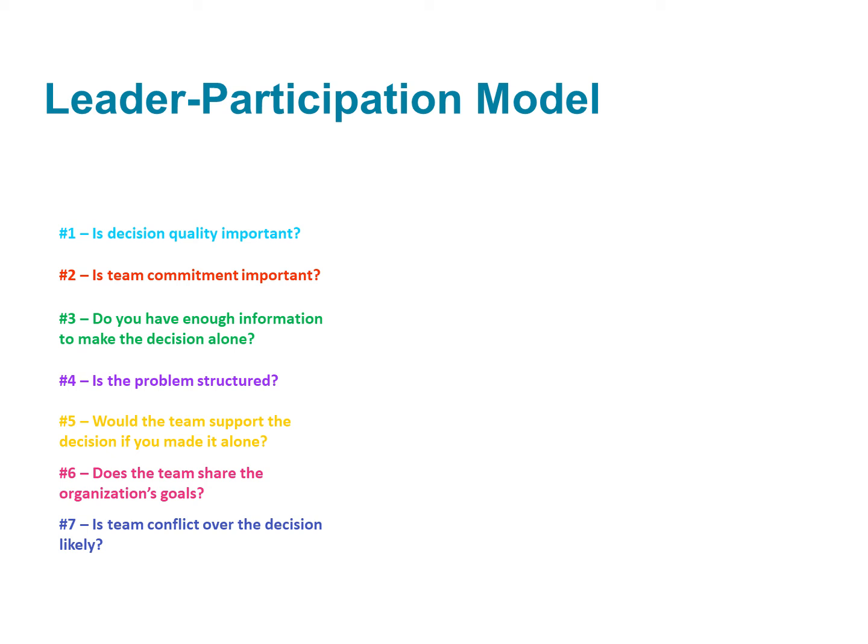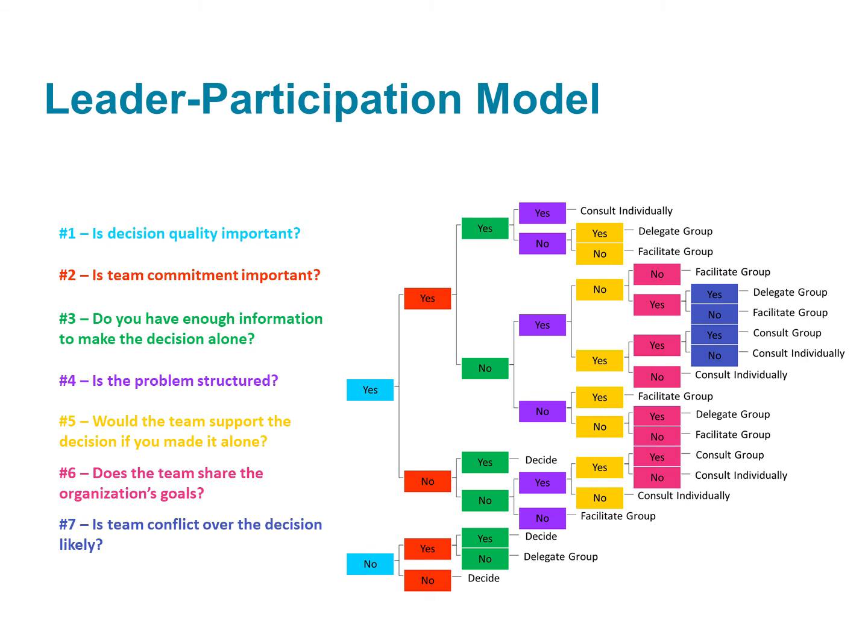Your answers help determine which level of participation is best. Using your yes/no answers to these 7 diagnostic questions, you then trace the web to find the level of participation recommended by the model.